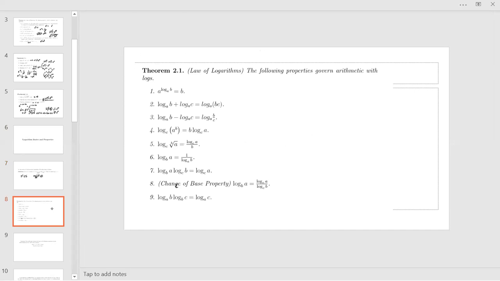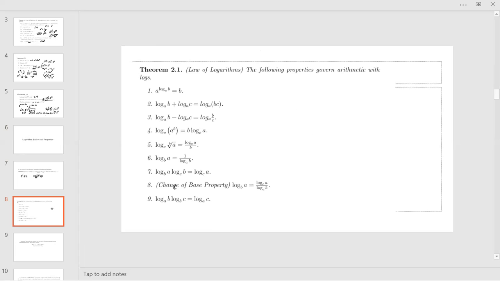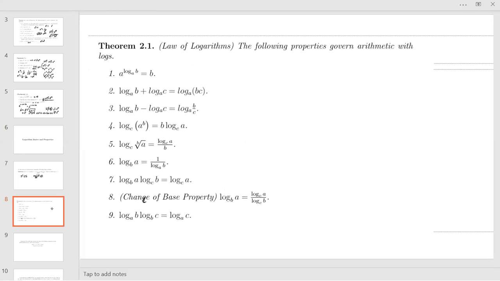So now we'll go over some properties. Our first property is that when we take a to the power log b base a, we should get b. So if you look at our example from the previous slide, we have 5 to the log 25 base 5 should be equal to 25.